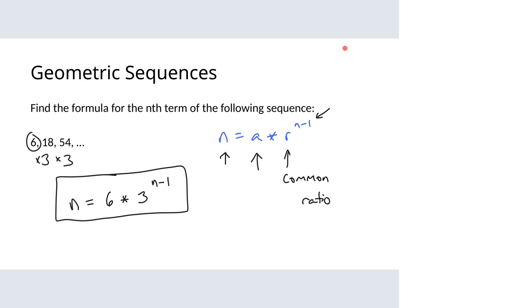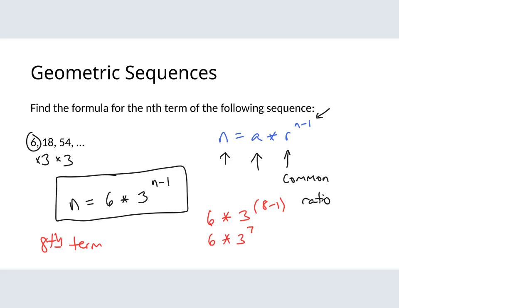And just to sort of illustrate the point, I'm going to find the 8th term here. So the 8th term would be 6 times 3 raised to the 8 minus 1. We're plugging in an 8 for the n because we're looking for the 8th term. And so we'd have 6 times 3 raised to the 7th power.